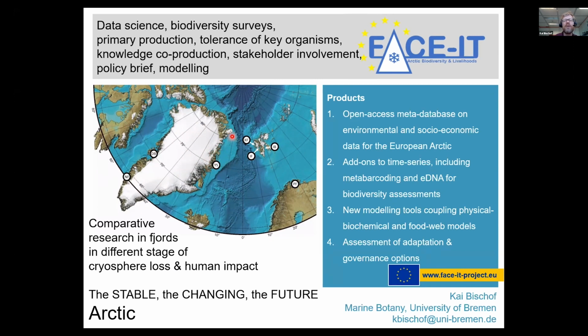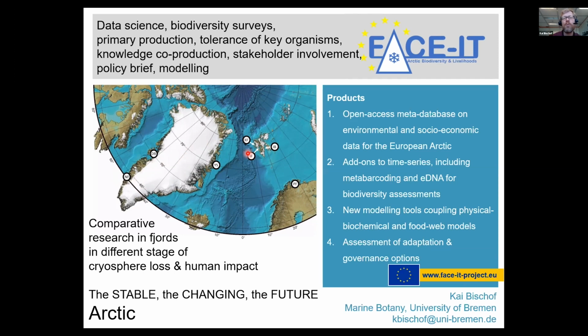And then we have different fjord systems which we consider the changing Arctic, the Arctic in transition. This is evidently Kongsfjorden. There's lots of changes in Kongsfjorden now with changing temperature and so on. But also fjords on the western coast of Greenland are changing, for example, Nuukfjorden here.